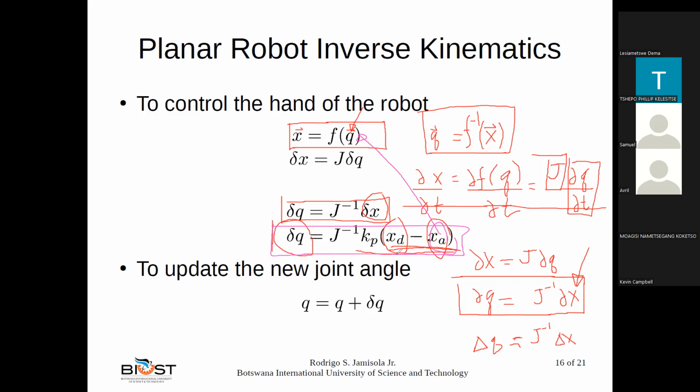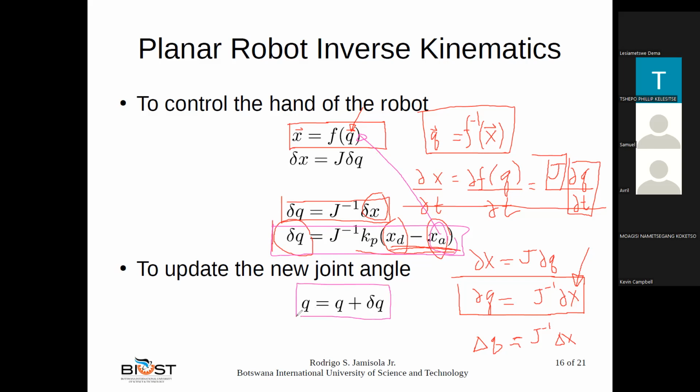The desired X is what you desire for the robot to move, and you multiply it with some gain, and then multiply it by the inverse of the Jacobian. Now you will know how much angle each joint will move. And then that is added to the current angle, so that you'll get the new joint angle.